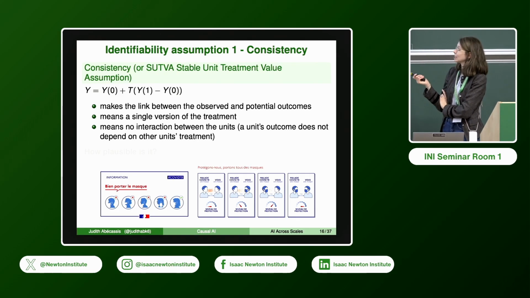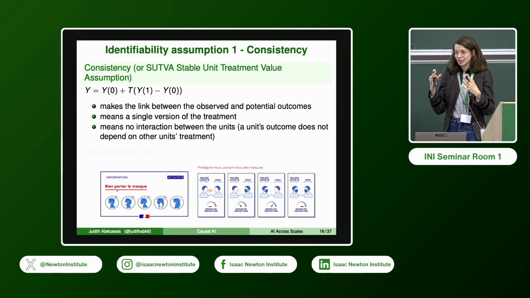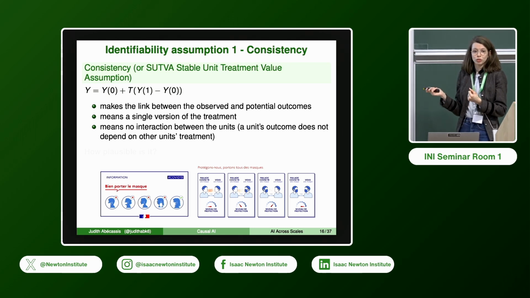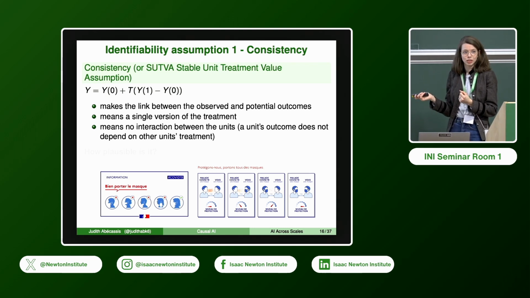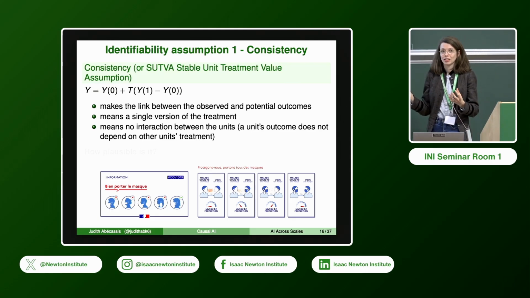And we have no interaction between the units. That means that the outcome that is going to happen to a unit is linked to the treatment received by this unit and not by other factors in the environment. Otherwise, we wouldn't have a single effect defined well for one unit.